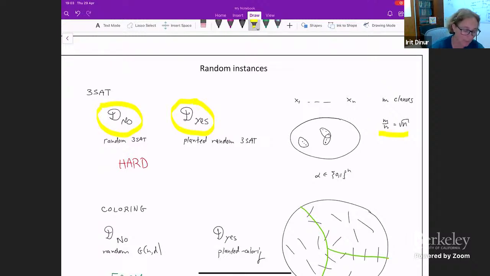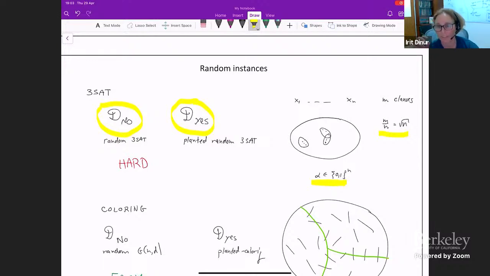And what is the planted random 3-SAT? It's a similar situation, but first you plant some assignment, alpha, some string of n bits, which is going to be your satisfying assignment. And now whenever you select a random clause, you make sure that this clause doesn't disallow alpha.